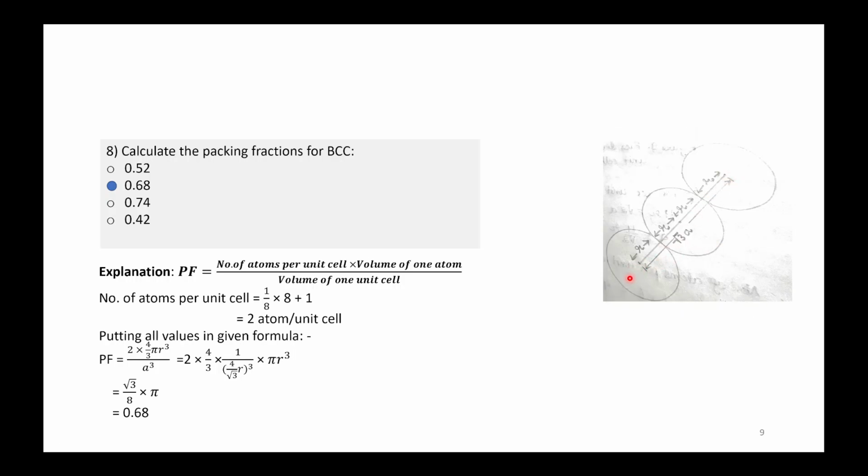So instead of a we can put 4/√3 r. So r and r will be cancelled out and we'll get a fraction which will be 0.68. 0.52 is for simple cubic and 0.74 is for HCP and FCC crystal structures.